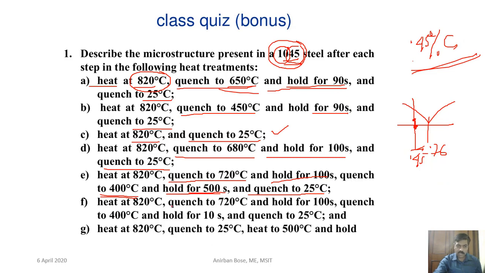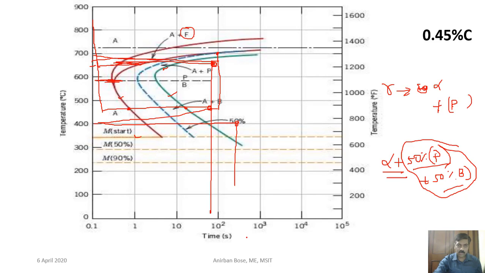Similarly, the last one: 720 degrees centigrade, hold for 100 seconds, quench to 400 degrees centigrade and hold for 10 seconds only. Now instead of 500 seconds, it is hold for 10 seconds. That means even the bainite will not be converted completely, and 50% of the remaining will be converted into bainite.